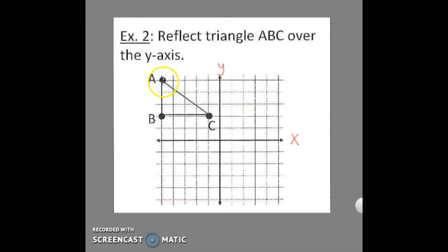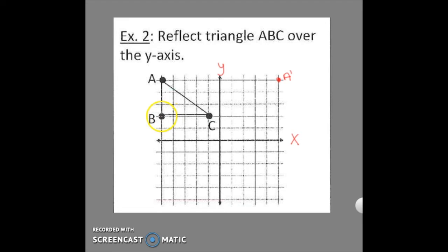My point A is the same distance from my y-axis on the left and on the right. So let's count. So I have 1, 2, 3, 4, 5. So it's 5 away from my y-axis. So I'm going to move it to the right 5 spaces. 1, 2, 3, 4, 5. So here I'm going to label my A prime.